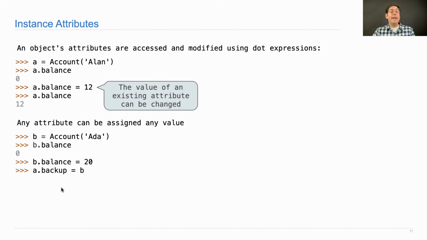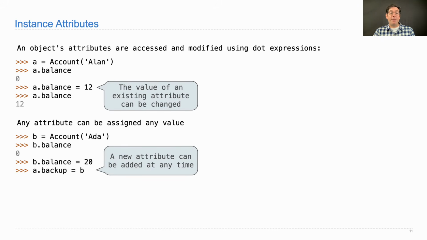It's okay to have the value of an attribute be another object, such as an account. It doesn't have to be a number. And it's also okay to introduce a new attribute that wasn't named before. A new attribute can be added at any time in Python, and now we can refer to it.